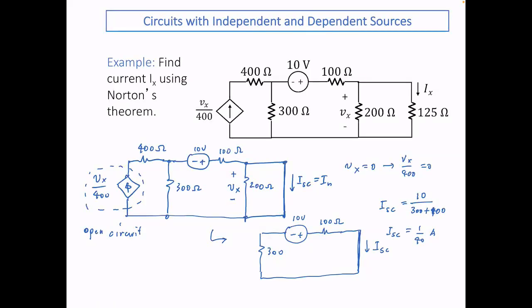So I have Vx over 400. Okay, that's a current source. 400. This is 300. This is 100.